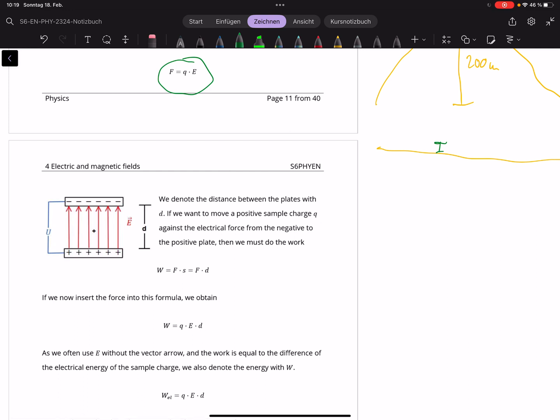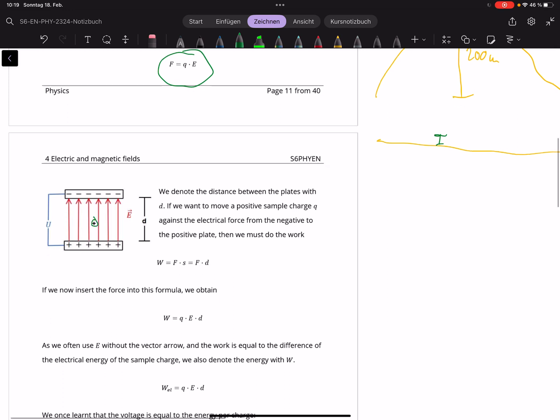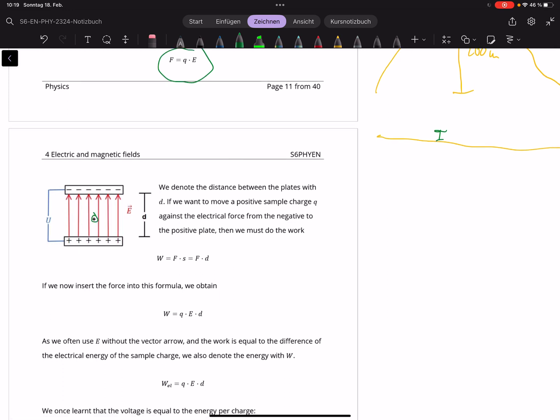And now we look at this situation where we have a small, positively charged particle and a homogeneous electrical field that is created by a potential difference U, and the plates have a certain distance d.